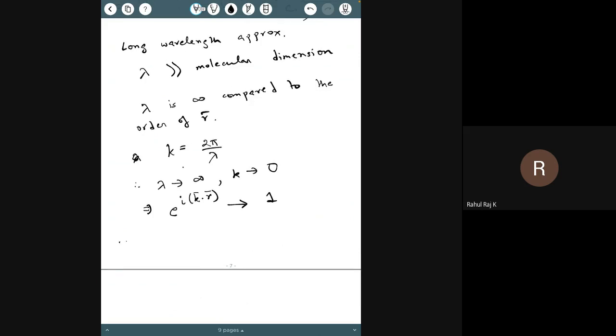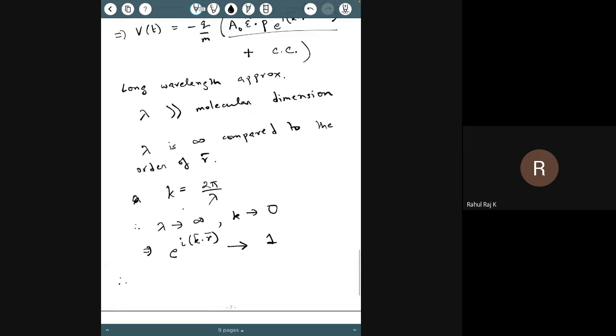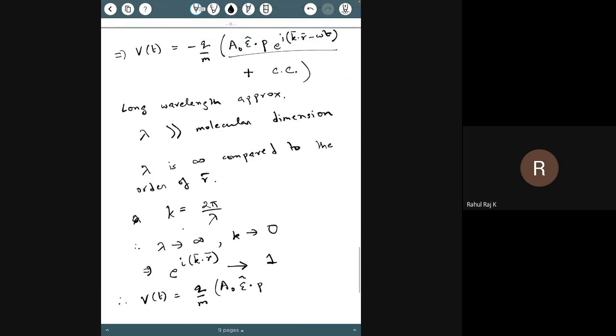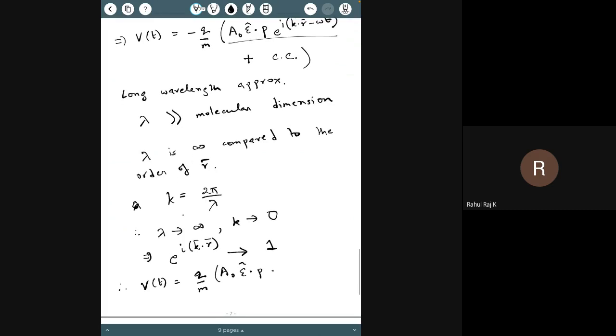Therefore, what we get is, we simply have V(t) equal to q by m A0 epsilon dot p e to the power minus i omega t plus complex conjugate.